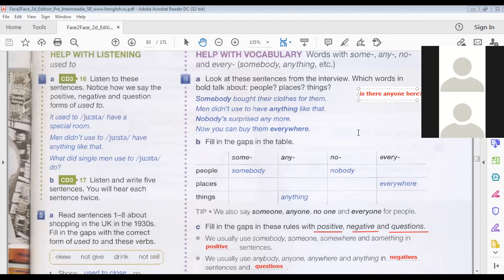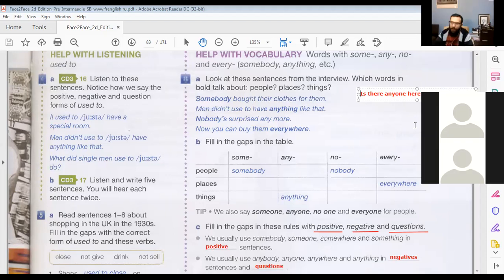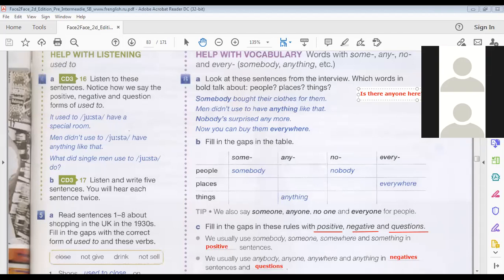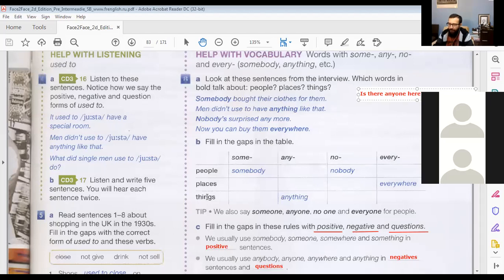So let's say you're knocking on the door and maybe it's a public bathroom, right? So you knock, is there anyone in here? Or is there anyone here? Or maybe you enter a new home and maybe you're looking for your friend, right? Is there anyone here? So this is a question, so you need to use anyone.